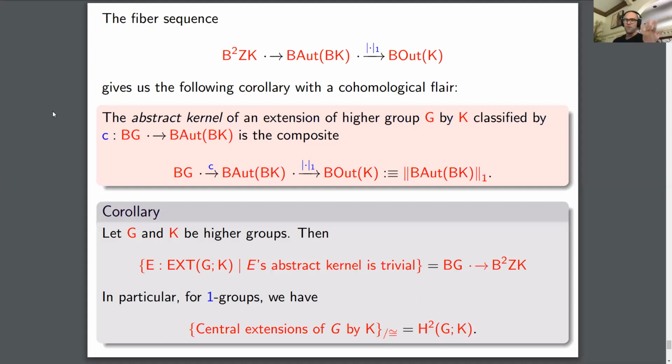However, we have a really nice fact that we can say, which is that if the abstract kernel vanishes, then we just need to map directly into the fiber.